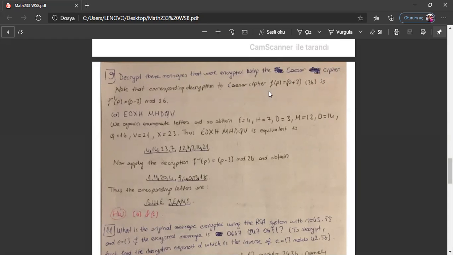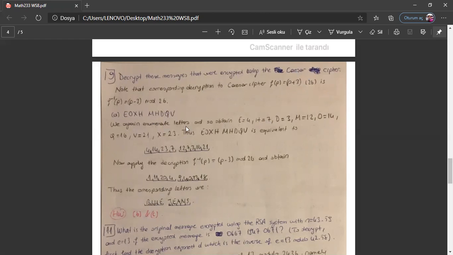Now as we decrypt the message, we obtain the inverse of that, and it's this. We're given this encrypted message, so we will decrypt it using the Caesar cipher to get the exact message.